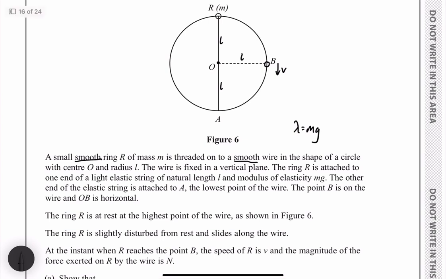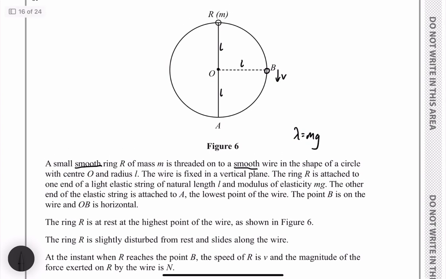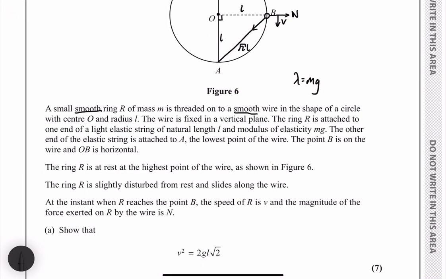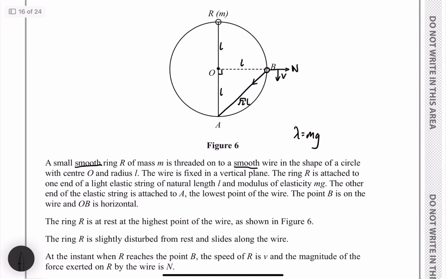The magnitude of the force exerted on R by the wire is N. So at this point, the string is here, and its length is root 2 L, using Pythagoras here. And given that both the ring and the wire are smooth, although the tension at this point is acting this way, N is acting horizontally. Okay, but what is the question? Show that v squared equals 2gL root 2.